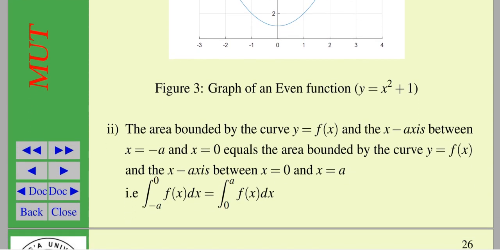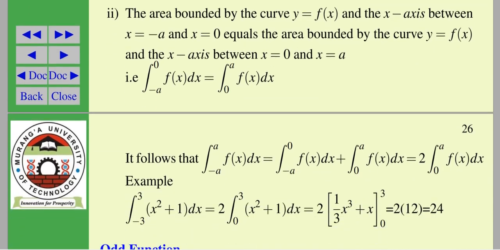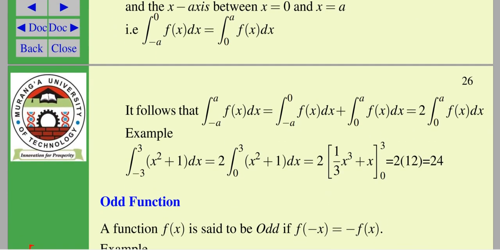So we are saying the area bounded by the curve y equals f of x and the x-axis between minus a and 0 equals the area bounded by the curve and the x-axis between 0 and a, so that when we are working out the integral from minus a to a, we just integrate from 0 to a and multiply the result by 2.